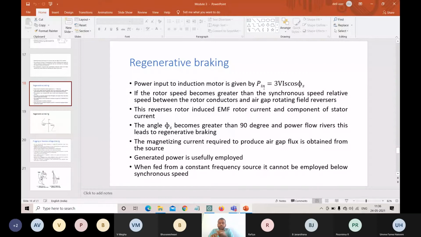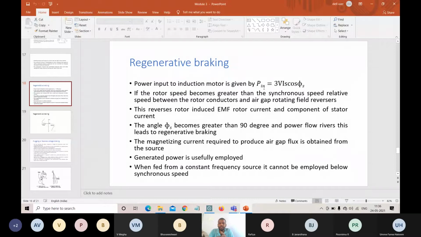Similarly, here the flux interlocks between the two fields, so that field reverses automatically, and the EMF induced in the motor also reverses.